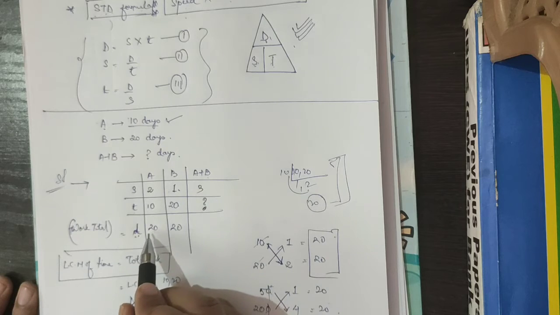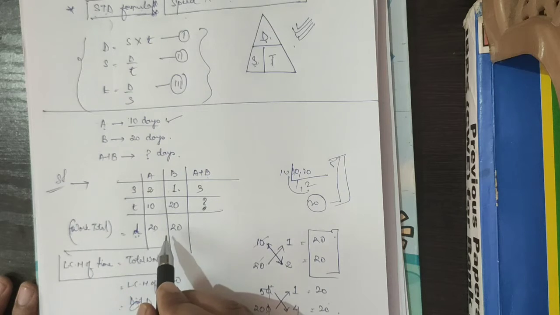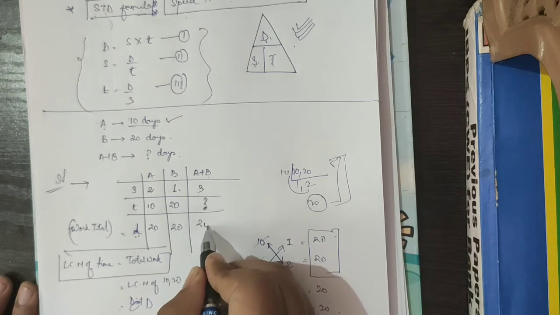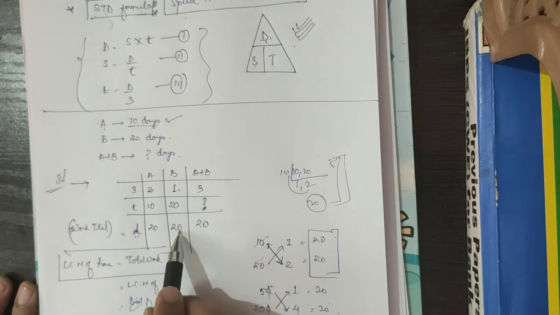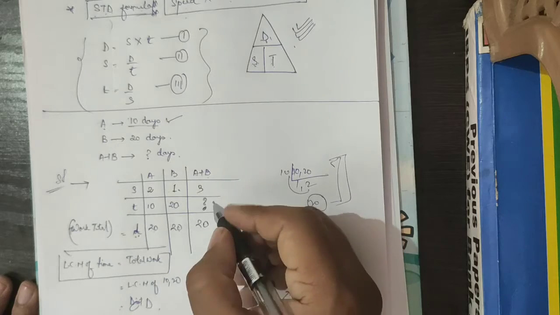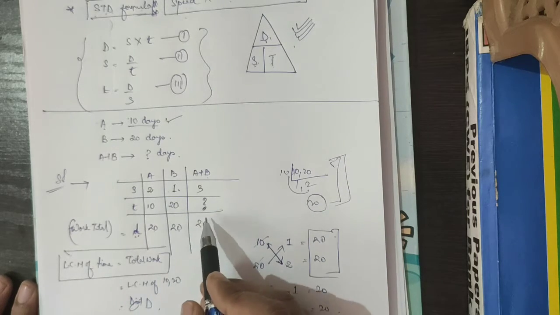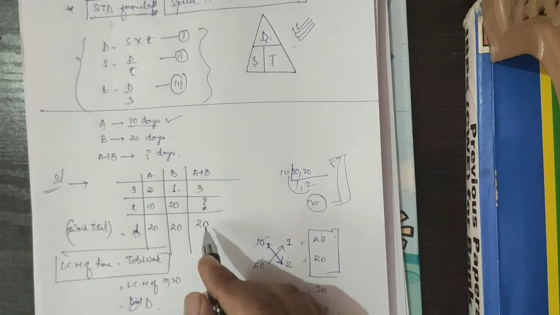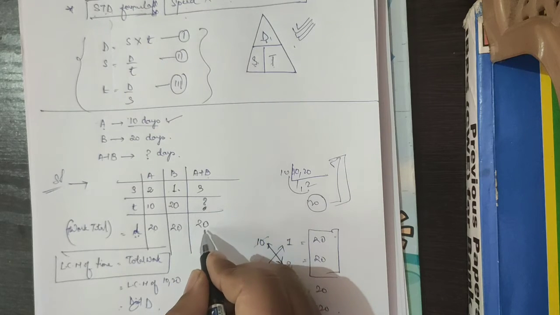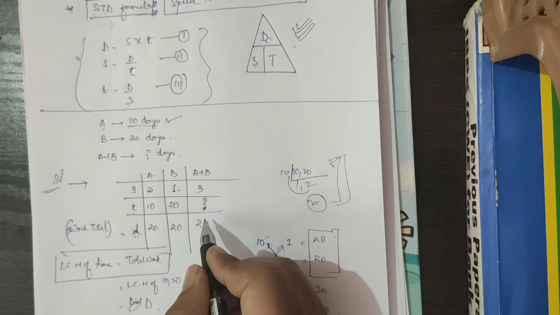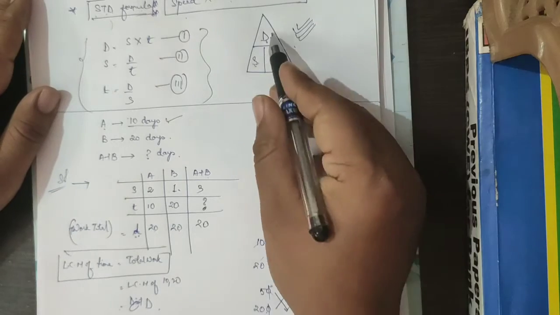The total work is 20. You should not add 20 plus 20 to make 40, because both of them are going to do only that particular work of 20. So to get the time, the formula of time is distance by speed.